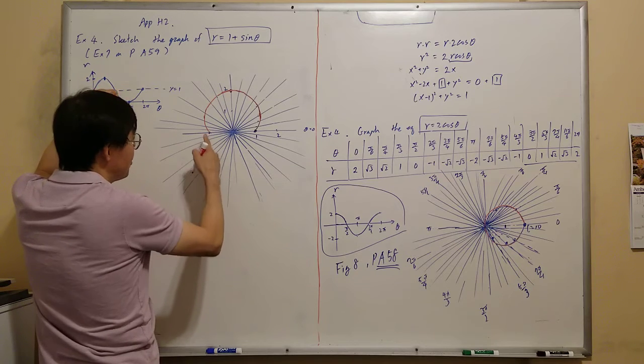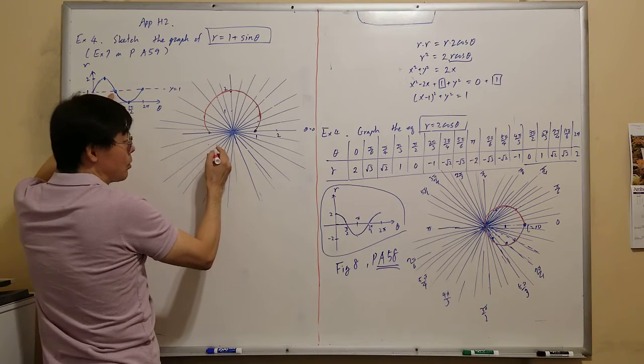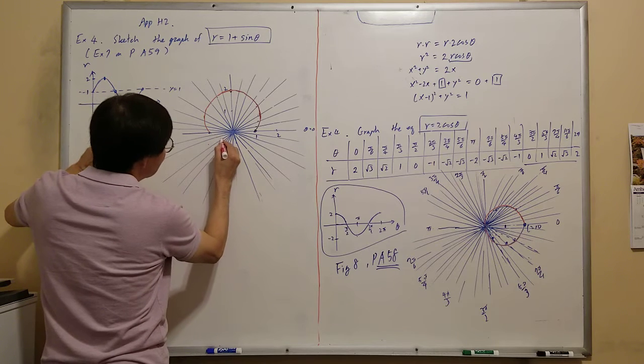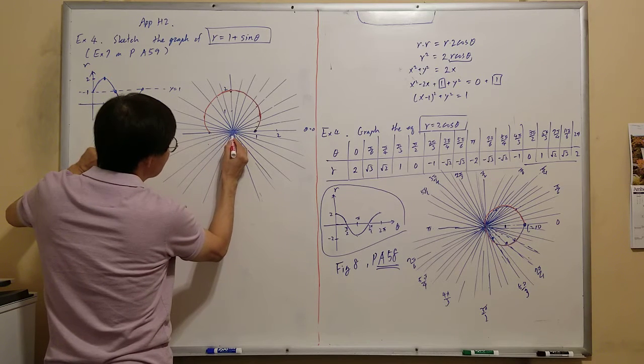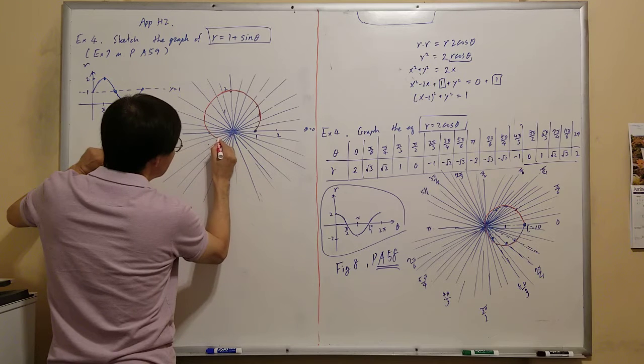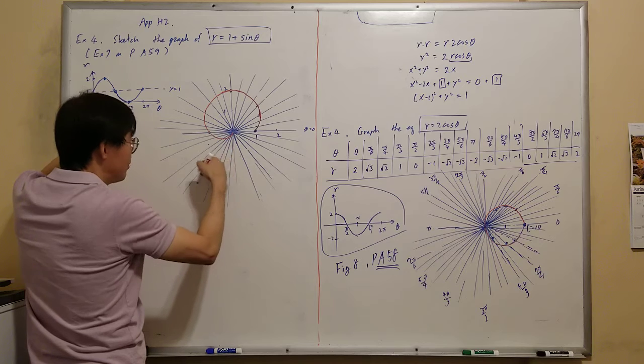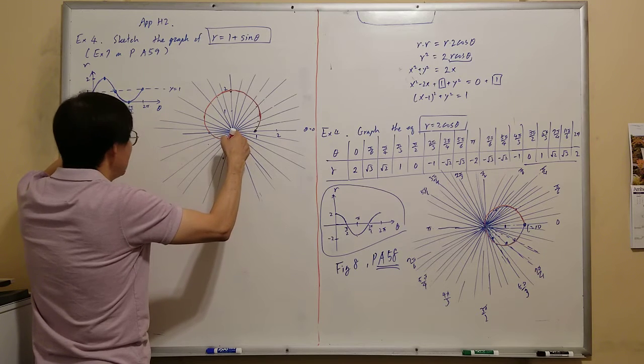Now pi to 3 pi over 2, even shorter, r equals 1 through 0, getting smaller and smaller down to 0. So at 3 pi over 2 you get back to the origin.